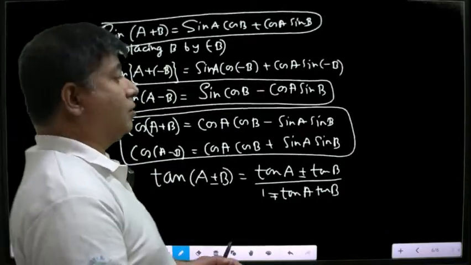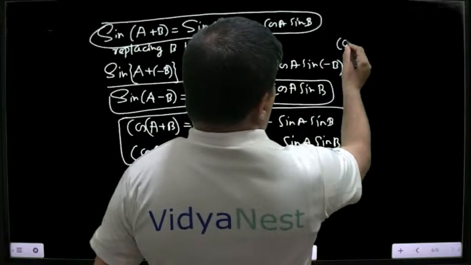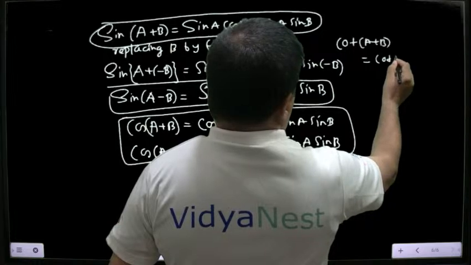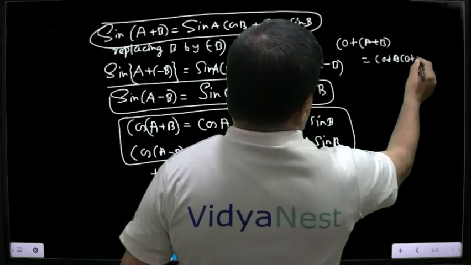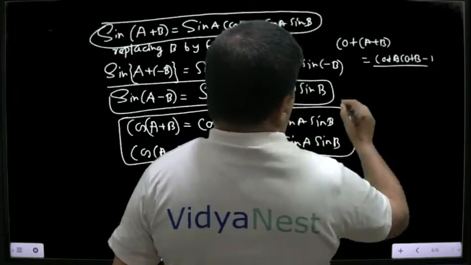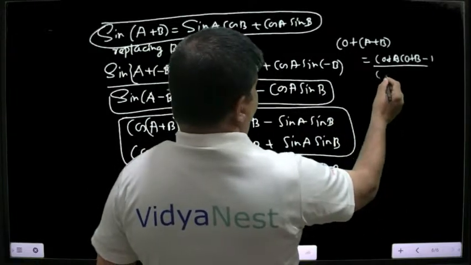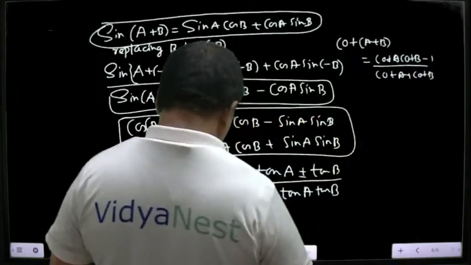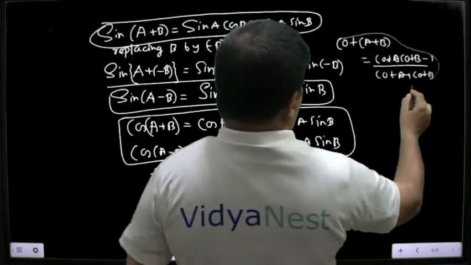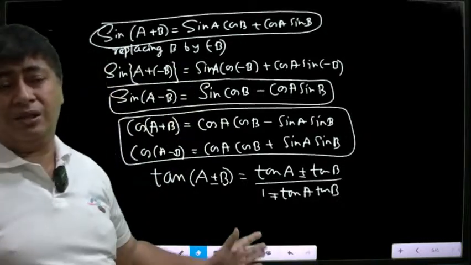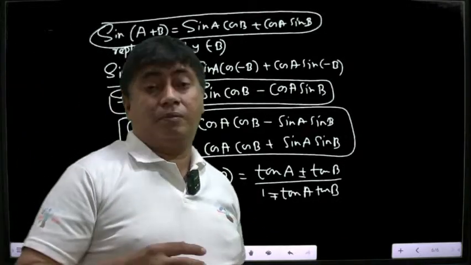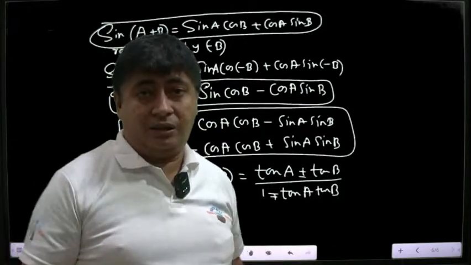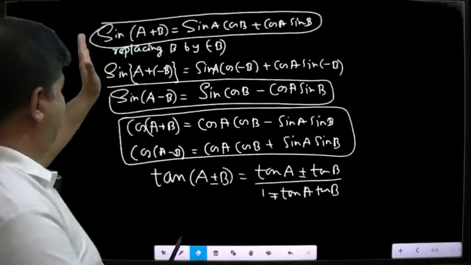If you wish, I can write the formula cot A plus B, cot A cot B minus 1, but not required. Because so many formulas sometimes cause forgetfulness. Understand? So better you memorize the main thing.